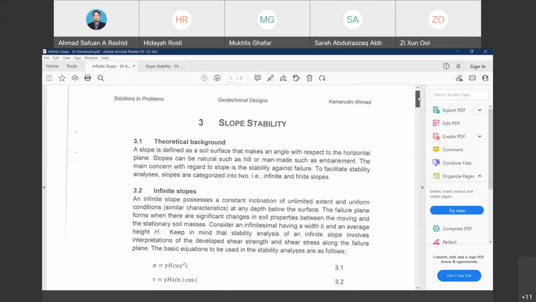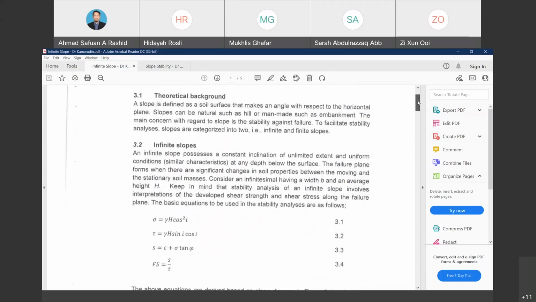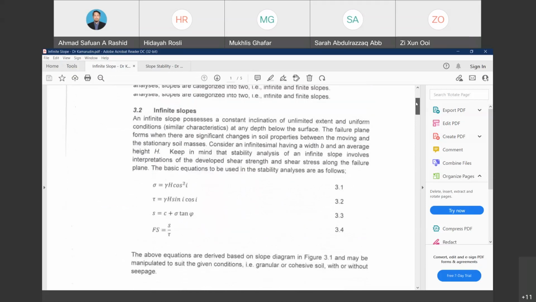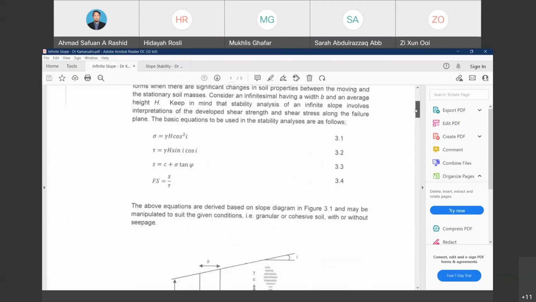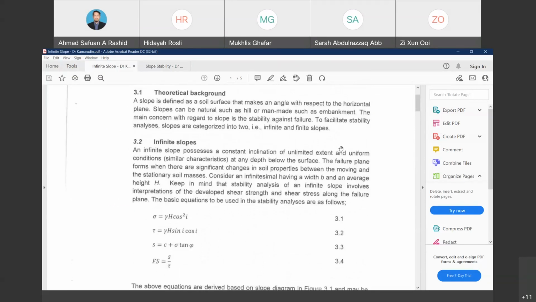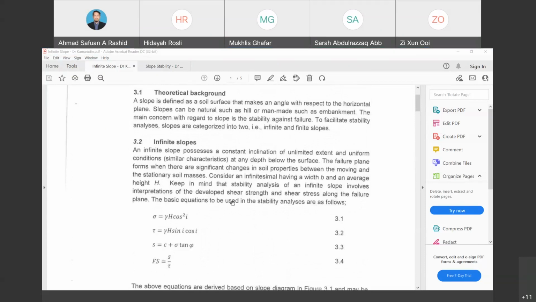So this is based on Dr. Kamaruddin's reference book. He uses the same approach as the M, but slightly different, where I guess the M equation is a more universal approach.